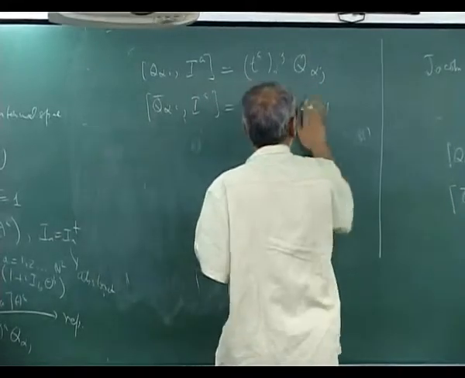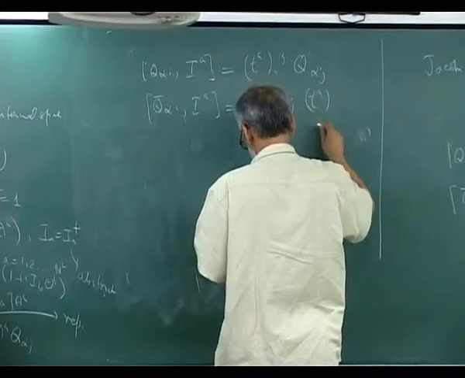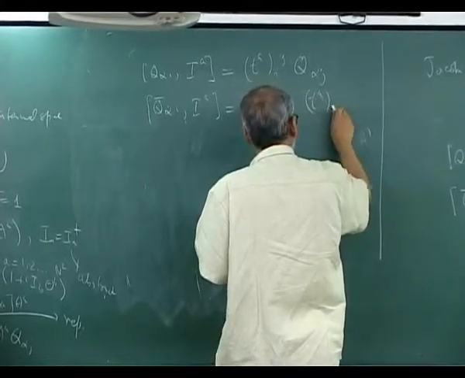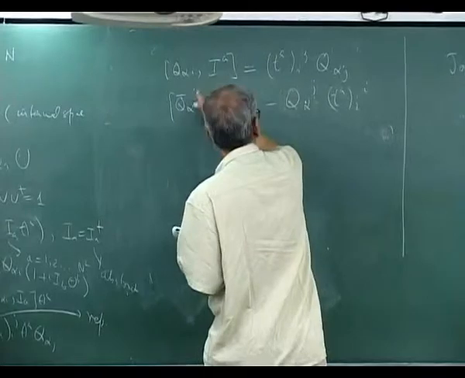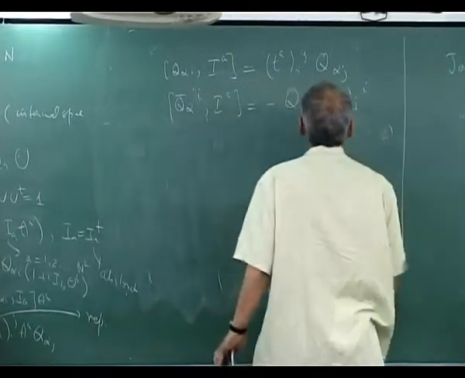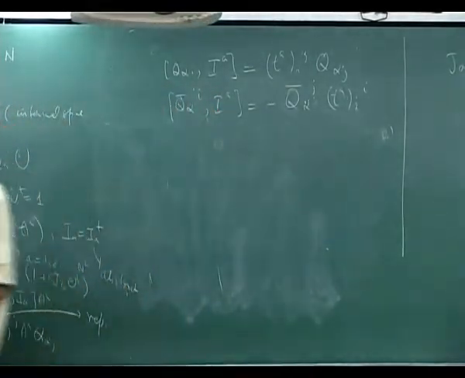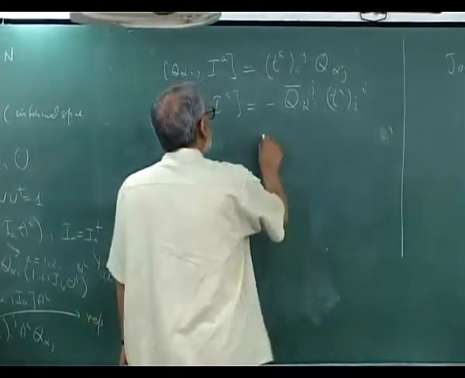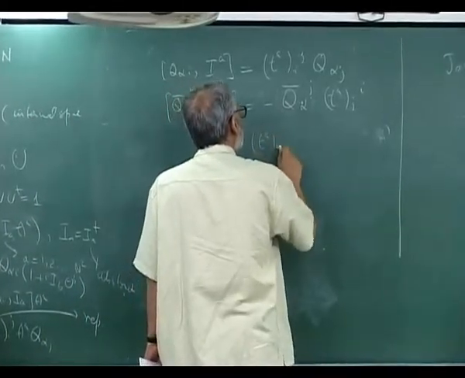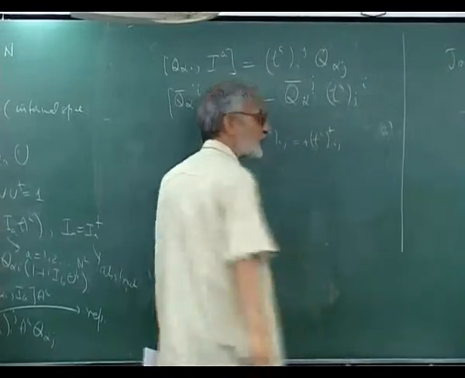Well, it will be the adjoint of that, it will be this way in fact, Q bar alpha dot J T A J I. So T A I j are n cross n matrices which are Hermitian.